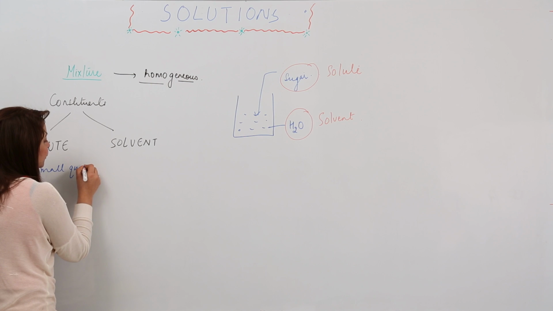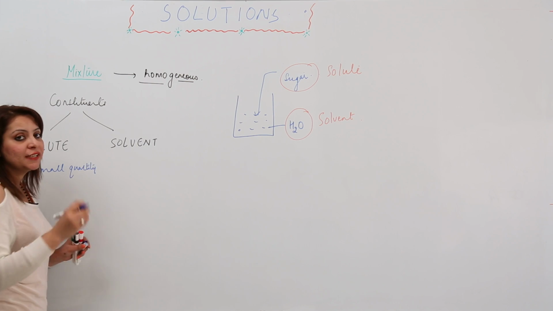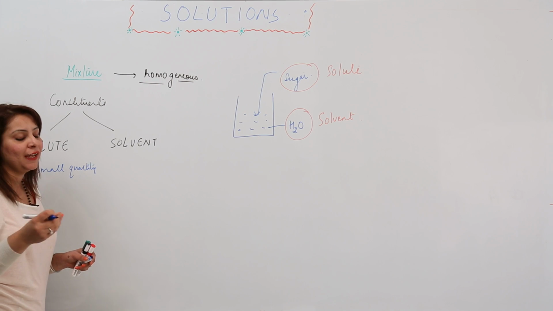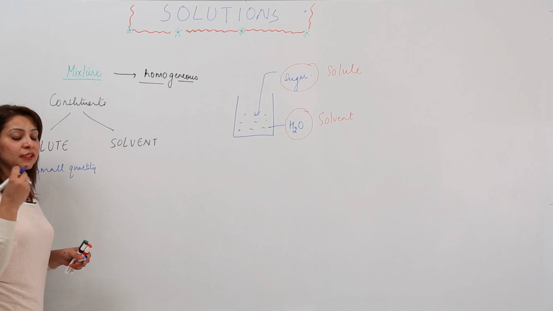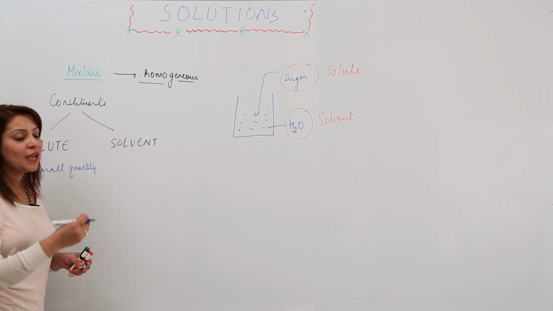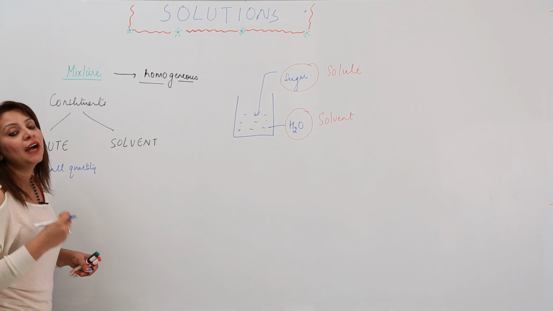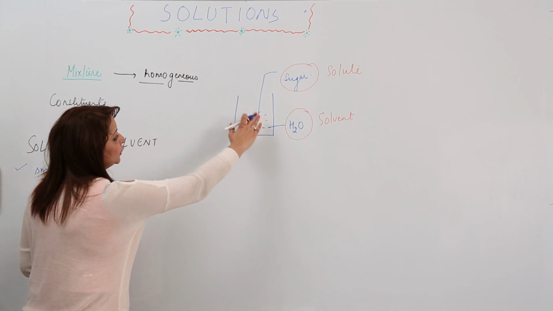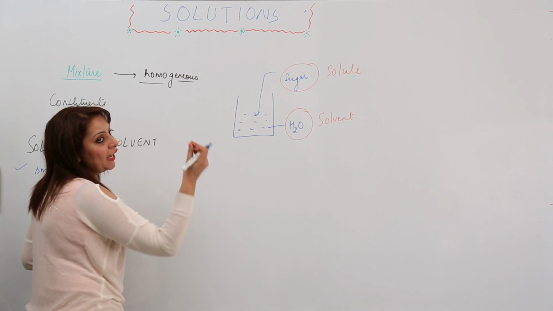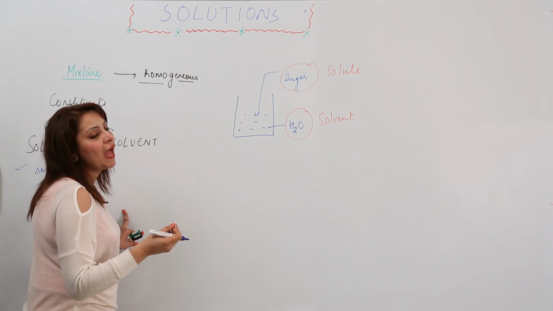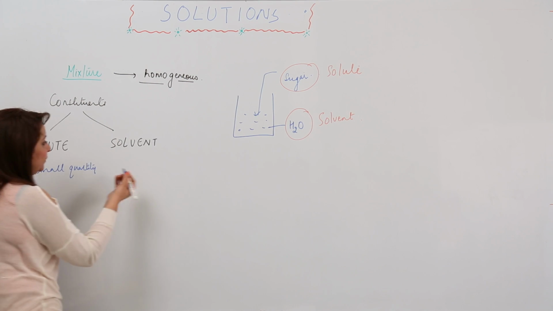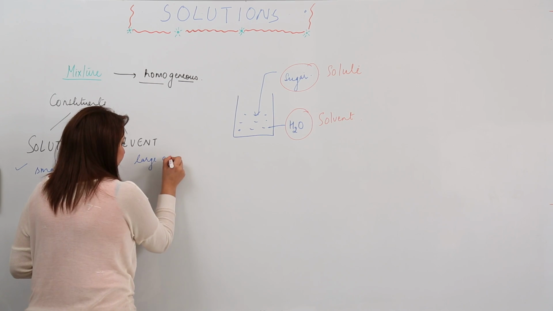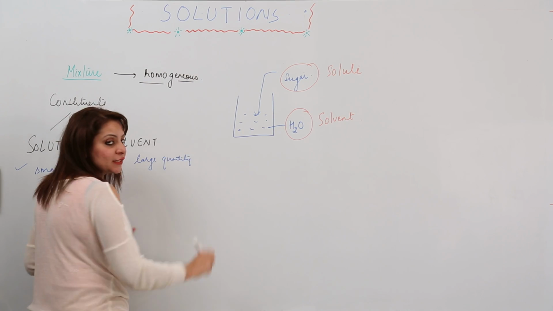That means the component which is present in a small amount as compared to the other one is regarded as solute. In this example we are taking so much volume of water, but the sugar we are adding is little as compared to it, so sugar acts as a solute. And solvent is that which is present in large quantity. I hope that this first difference is clear to you.